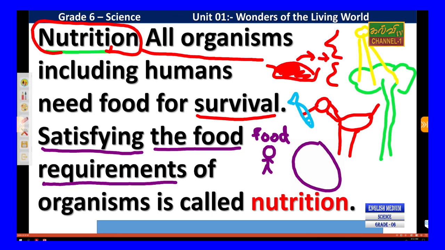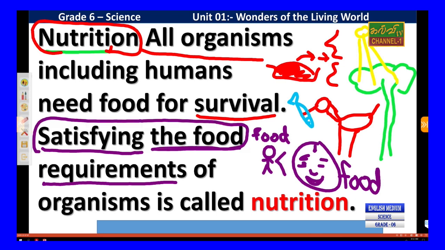If it is a big person, he needs more food than this baby. That is the reason they said satisfying the food, that means sufficient food. Requirement is what is needed, how much is needed. Requirement of organism is called nutrition.